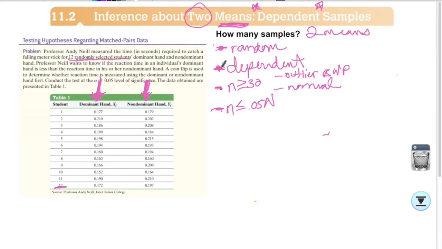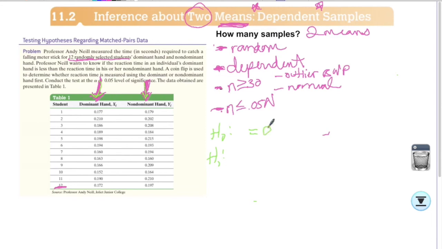The next piece of information that we need to look at, or that we usually do at this point, is defining our null and our alternative hypothesis. And this is a little bit trickier as we're dealing with two means because it's going to be a little counterintuitive, okay, at first. So our null is always still going to have an equal sign. And if we want to say that our dominant and our non-dominant hand, they react the same, right?